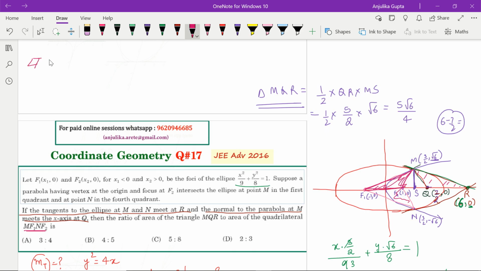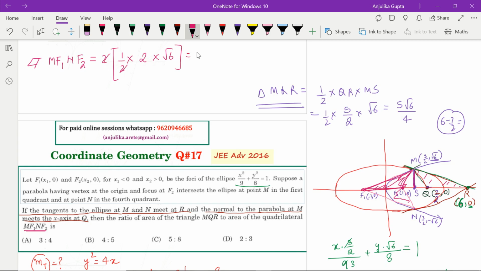For the quadrilateral M F1 and F2, the area will be 2 times half times base. The base is F1 F2, the distance between 1 and minus 1, that's 2. Times height. The height is again the same, the height of this triangle M F1 F2. MS is the height. MS is how much? Root 6.